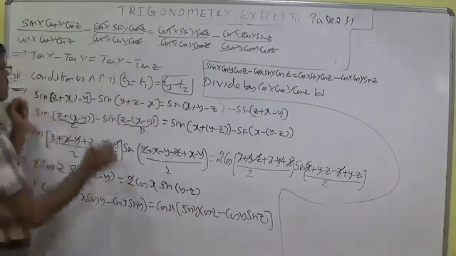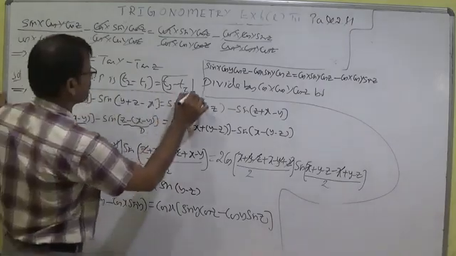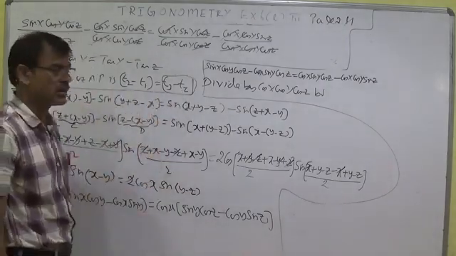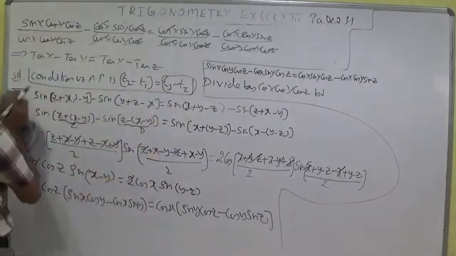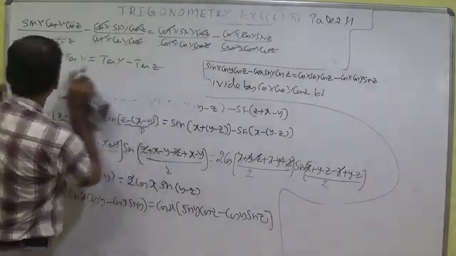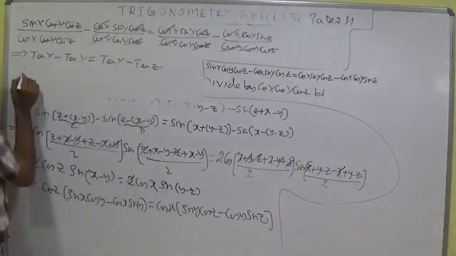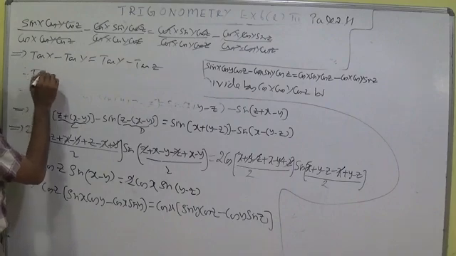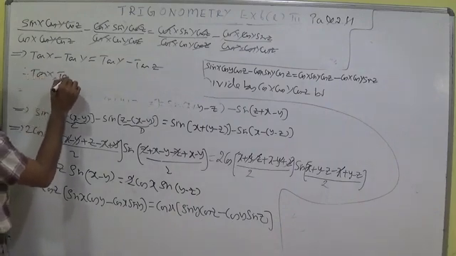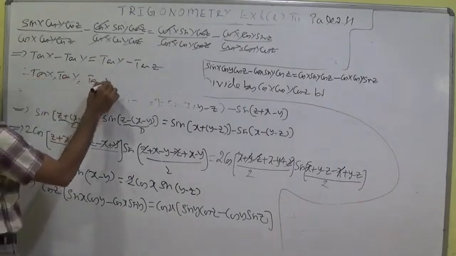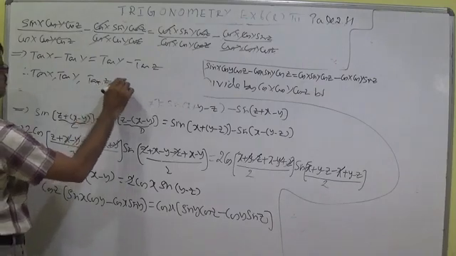Whatever the concept, just here I said t2 minus t1 is equal to t3 minus t2, the concept we got in terms of tan. Therefore conclusion you can say that tan x, tan y, tan z are in AP.